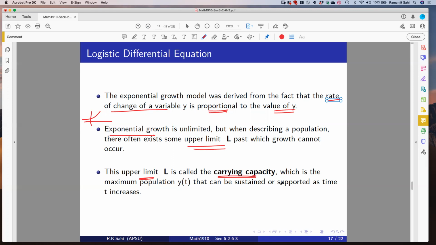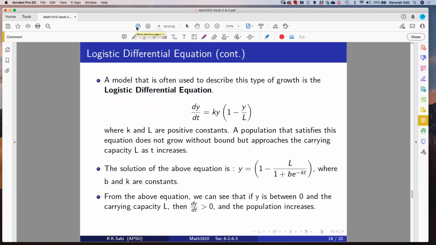It says that if I'm applying this exponential growth model to a population, there will be a carrying capacity beyond which the population will not grow. And that's, as I said, logistic differential equations. So what is this model? A model which often describes this type of growth is the logistic differential equation.